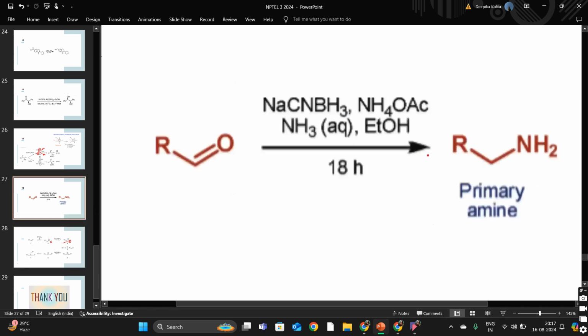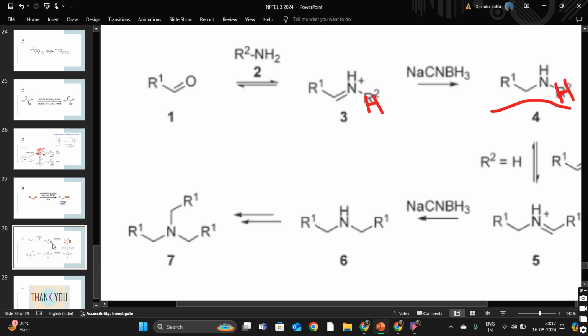But in the condition no use of excess reagent is mentioned, so you only have to treat it with one equivalent of ammonia and one equivalent of sodium cyanoborohydride, and this will be your desired product.